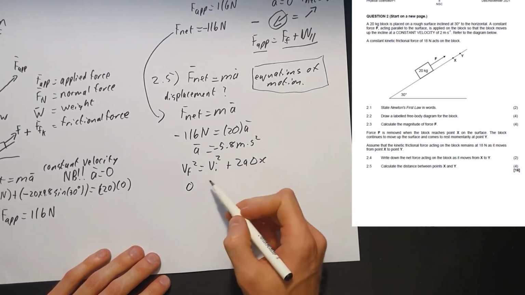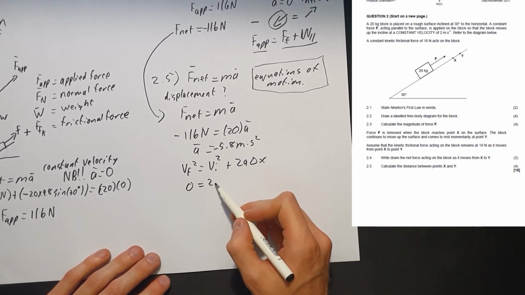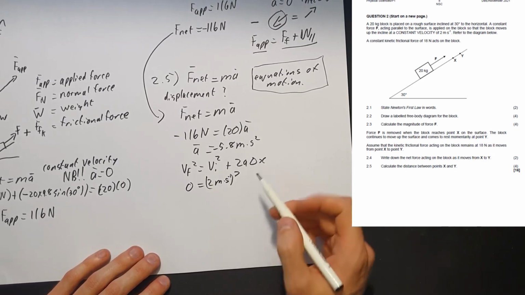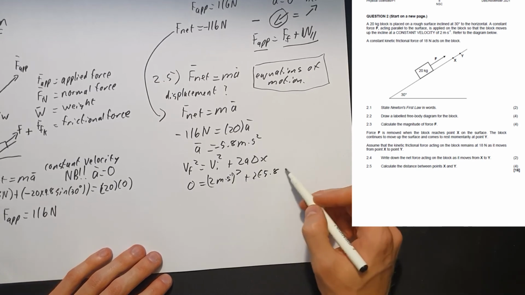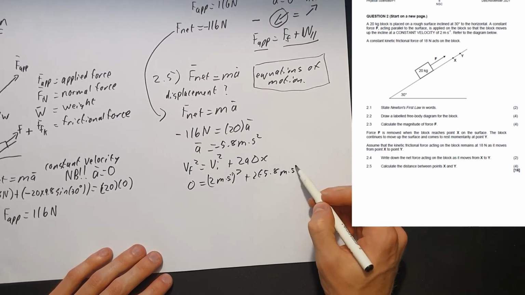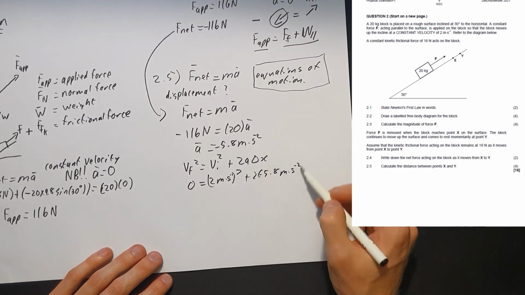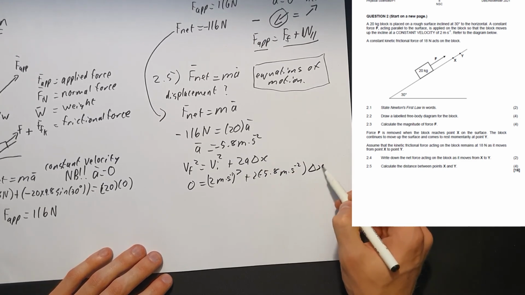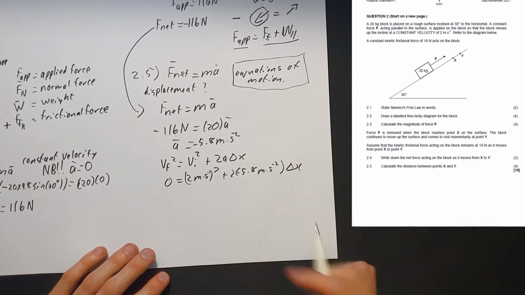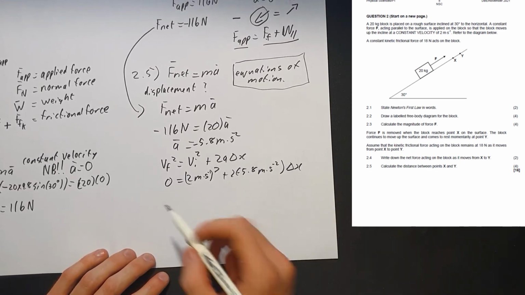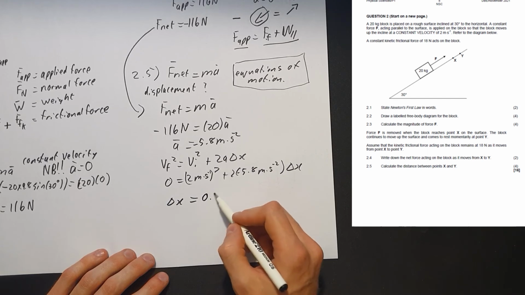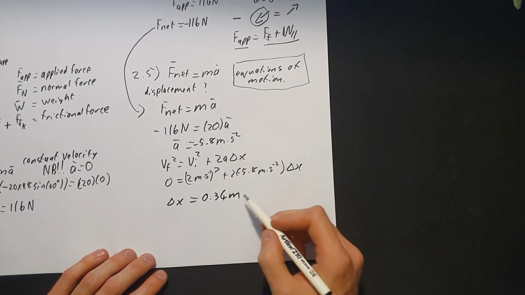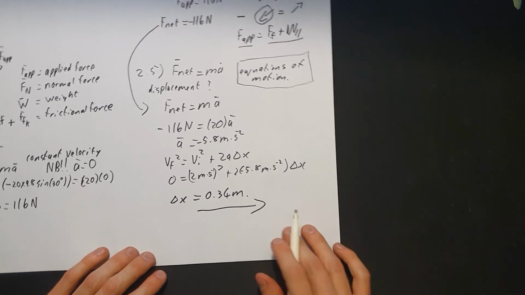Final velocity 0, initial velocity 2 meters per second squared, plus 2 times negative 5.8 meters per second squared, and delta x. So if you then substitute and manipulate and solve, you get delta x equal to 0.34 meters. Okay, and that's how we go about doing this question.